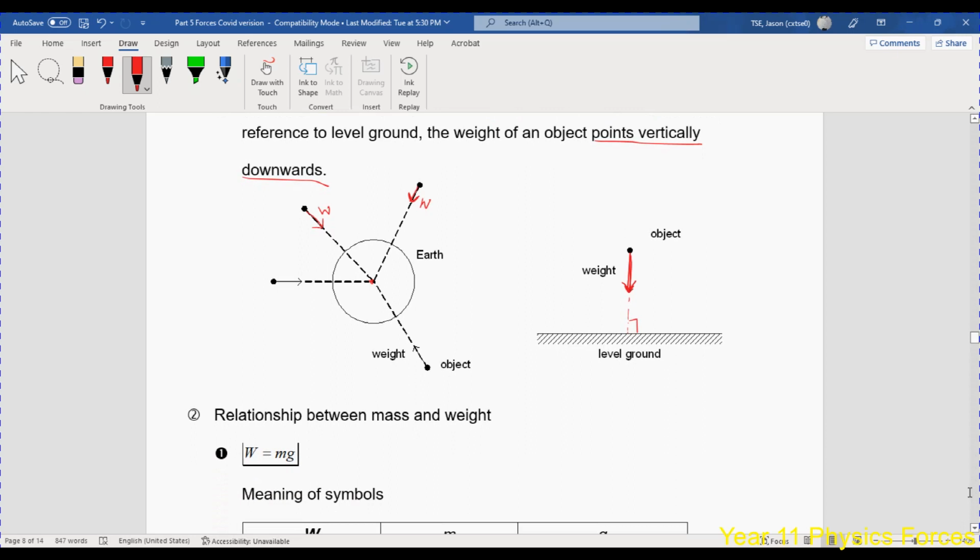And of course, you might think about how we can draw the weight of a human body, for example, right? But before talking about the human body, how can I draw the weight of a block sitting on the ground?